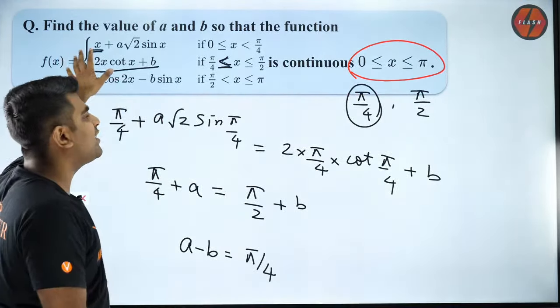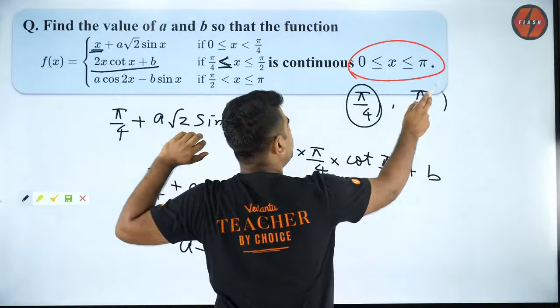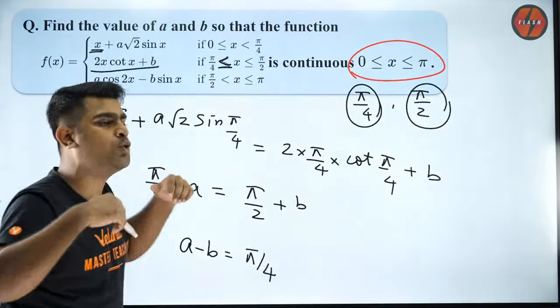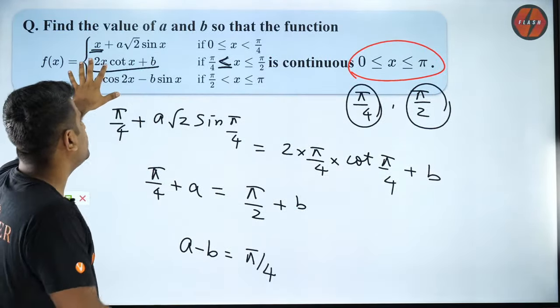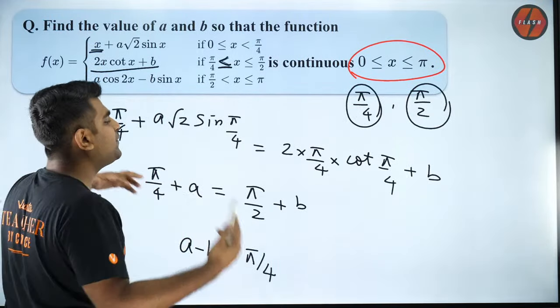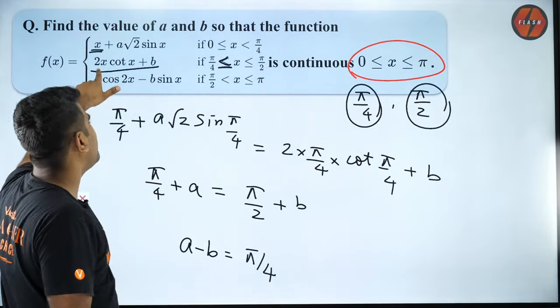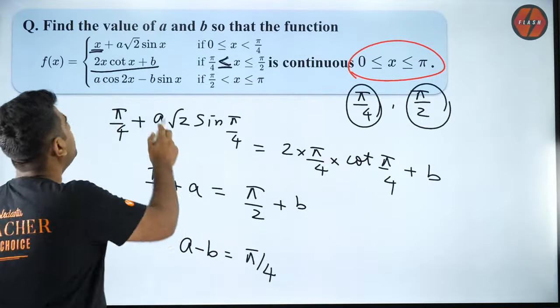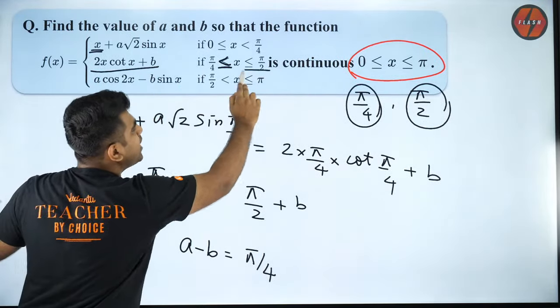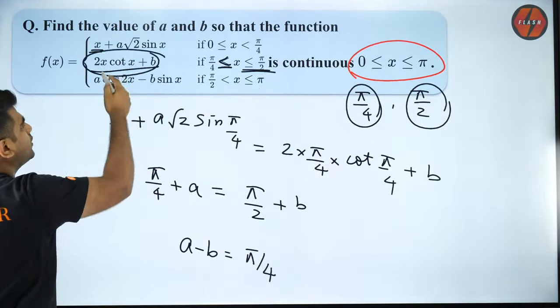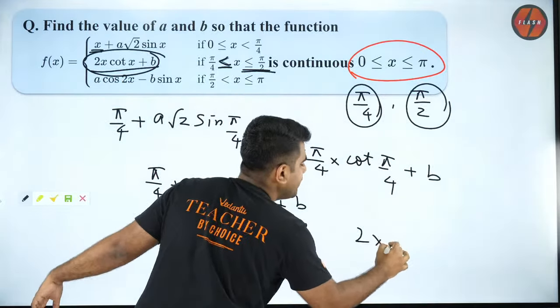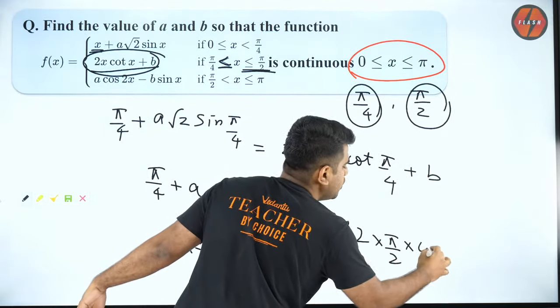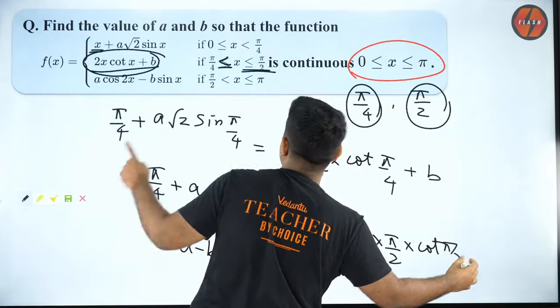So what other information do I have? I have the information that it is continuous at pi by 2 as well. So I will check the left hand limit and right hand limit at pi by 2. The left hand limit at pi by 2 will be 2 into pi by 2 cot of pi by 2 plus b.